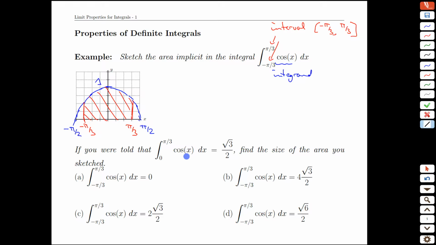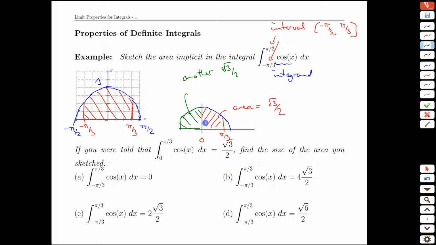Okay, so what we've been told with this piece of information is that if we look at the graph of cos of x from 0 to pi over 3, so 0 this time is the starting point, this area is equal to the square root of 3 over 2. Well, what we see is there's also an equal area on the opposite side, which would be another root 3 over 2.